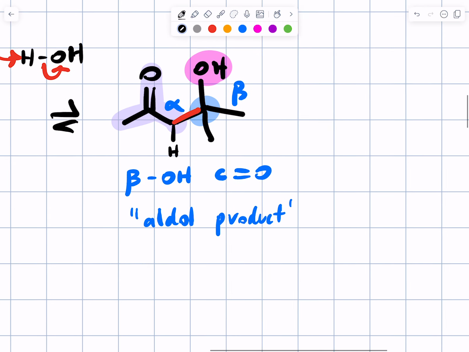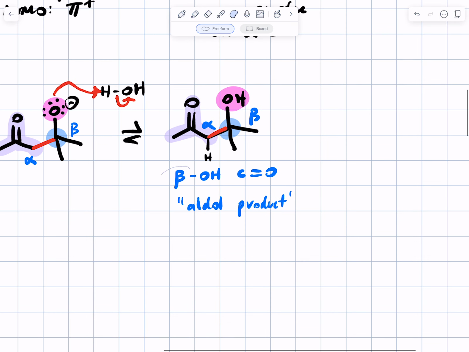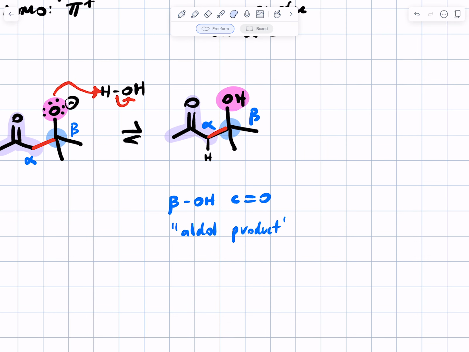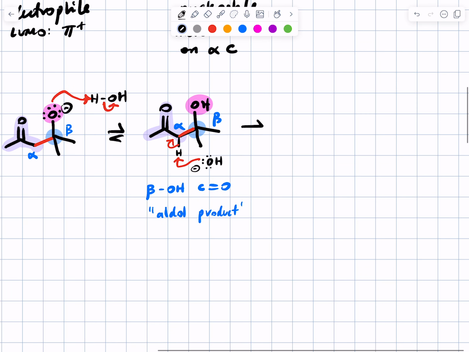In that last step we just regenerated base. In fact, the aldol reaction is base catalyzed. So the base can remove the alpha proton from the aldol product. That will generate this enolate.